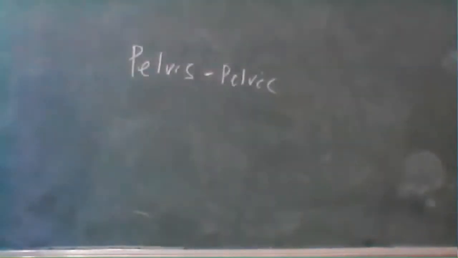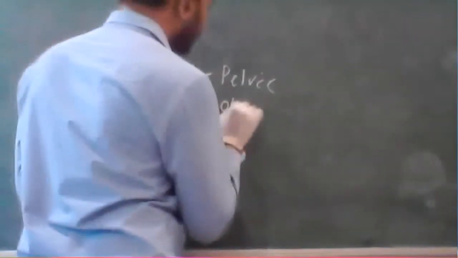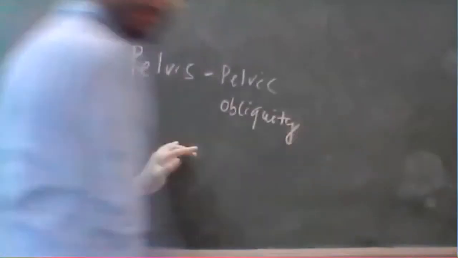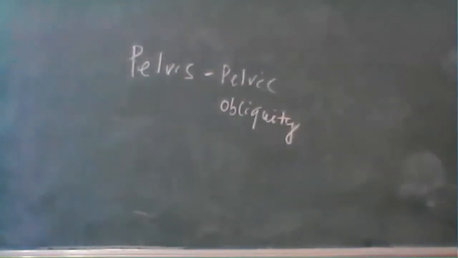So simply pelvic obliquity will be there. But you do not know whether it is left side or right side; it depends upon the patient. So pelvic obliquity will be there. Clear?